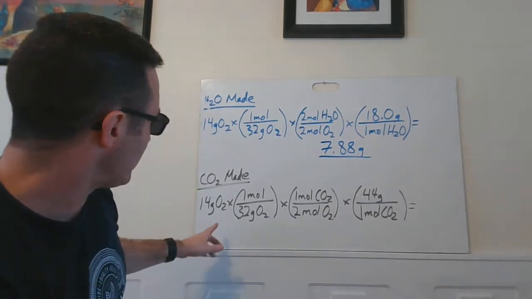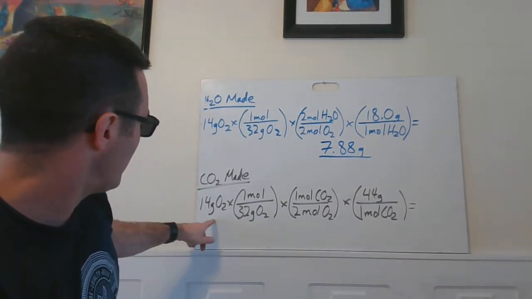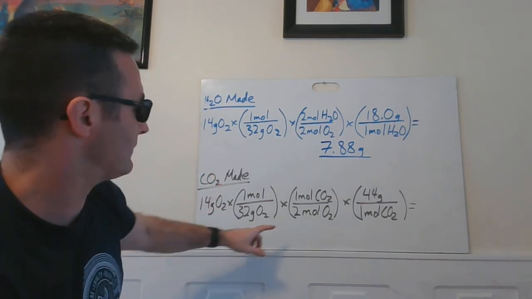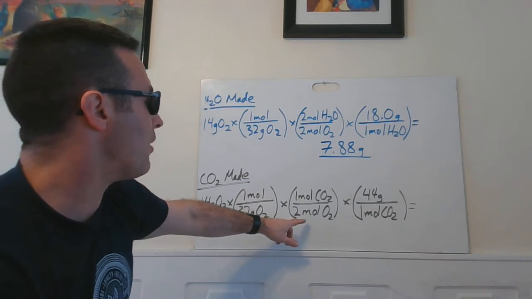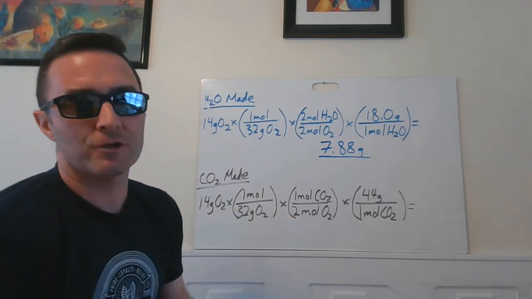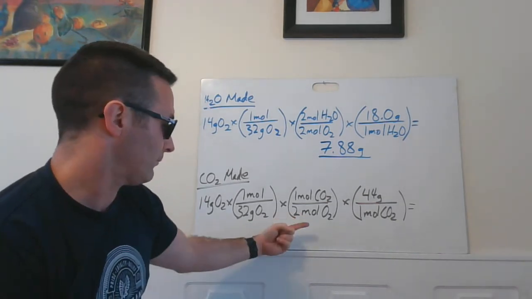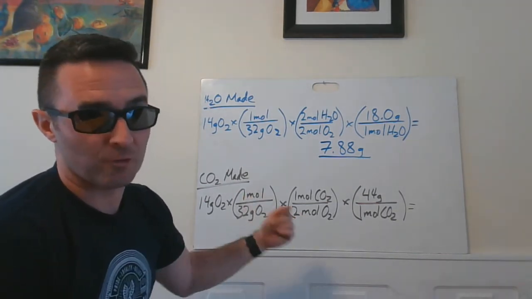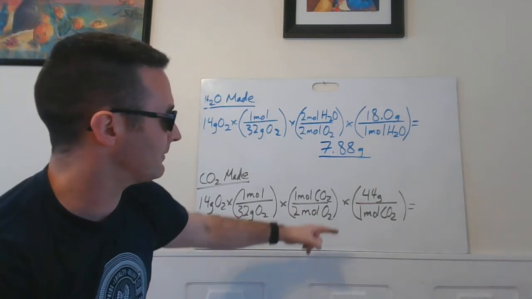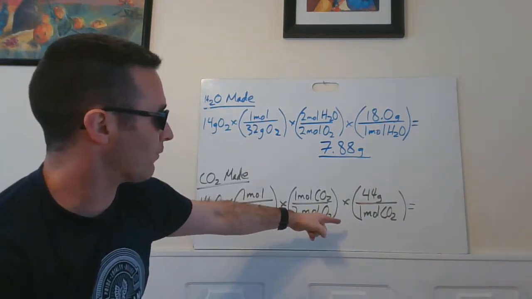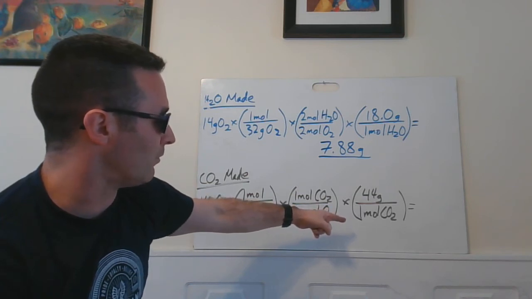For carbon dioxide, the first step's still the same: 14 grams of oxygen, use your molecular mass to convert. Second step, 2 moles of oxygen turn into only 1 mole of carbon dioxide, so we're going down in terms of total molecules. We're cutting it in half. The last step is still a molecular mass conversion: 44 grams of carbon dioxide is 1 mole.